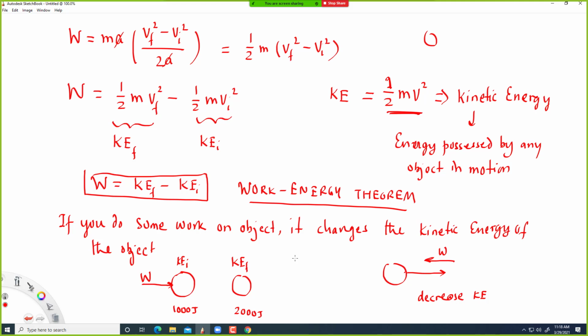So let's look at number 2. How much net work is required to accelerate 1000 kilogram from 20 meters per second to 30 meters per second?